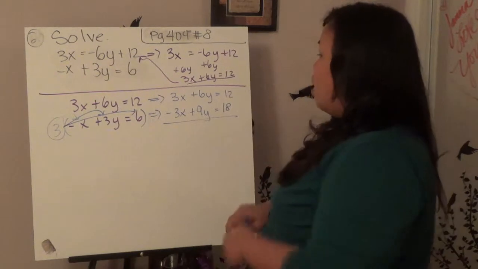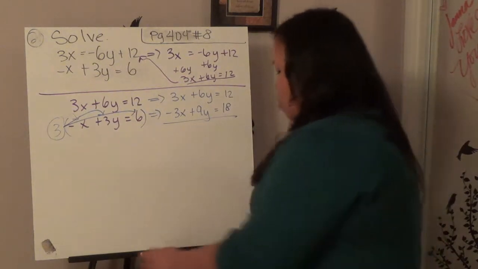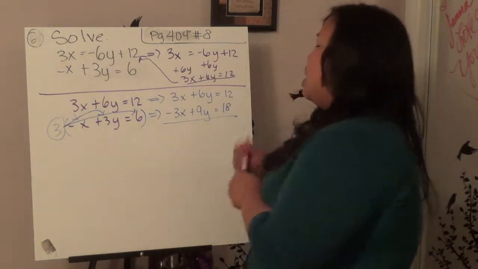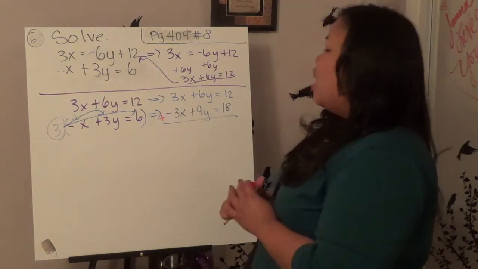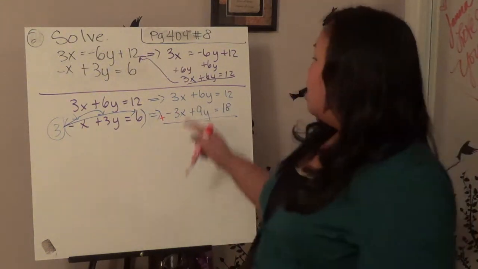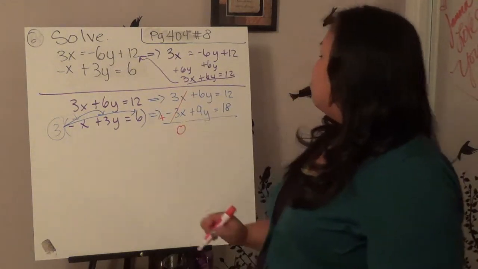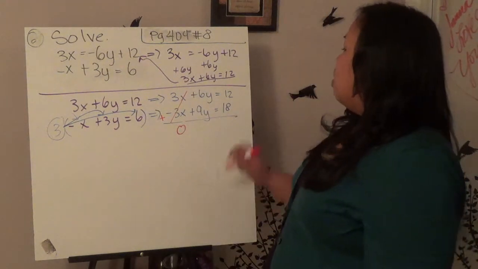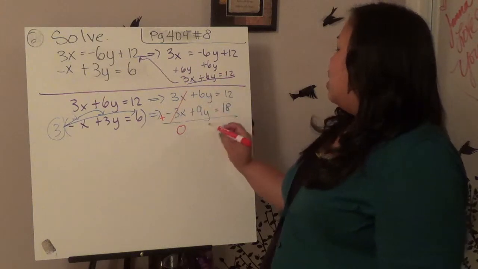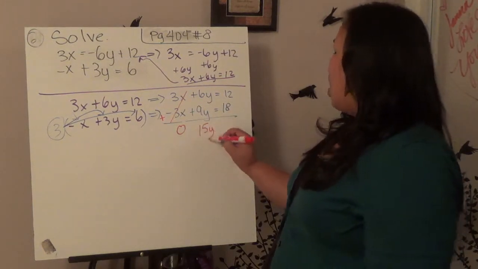Now from here, though, I have the opposite. And what I can do with the opposites is add. When I add 3x and negative 3x, this cancels to give me 0. That means I don't need it. Then I do 6 plus 9, which gives me 15y.